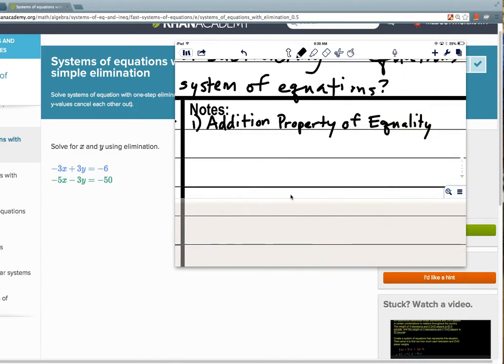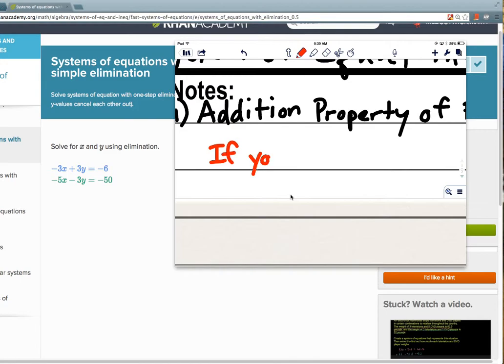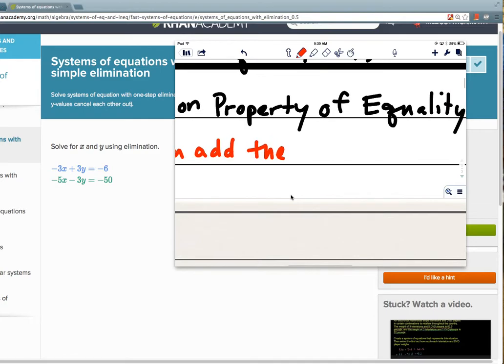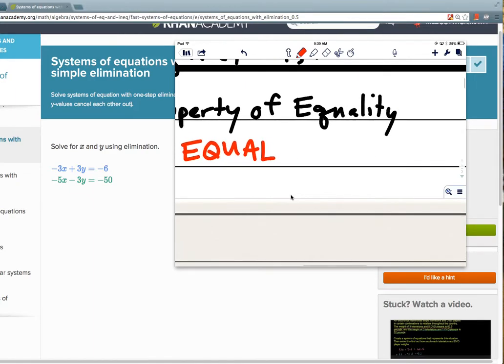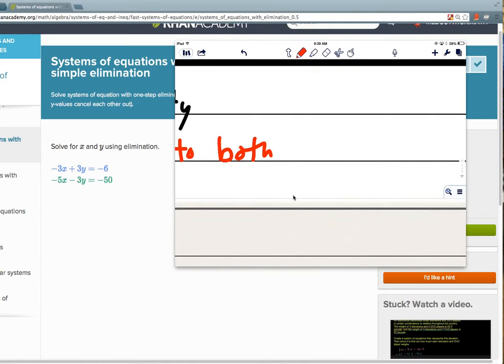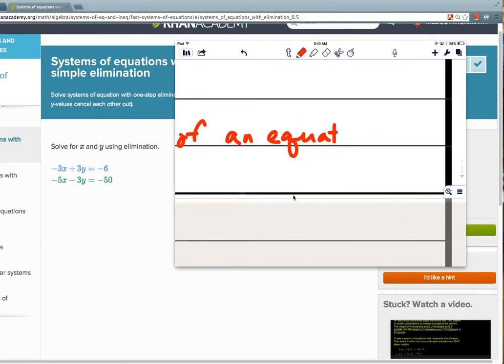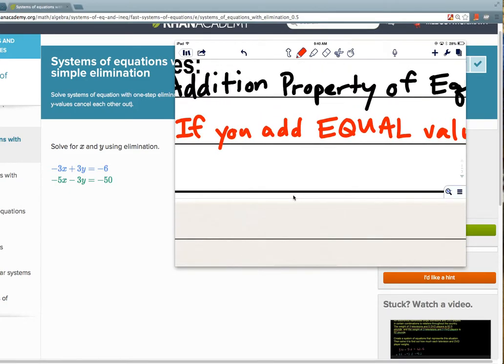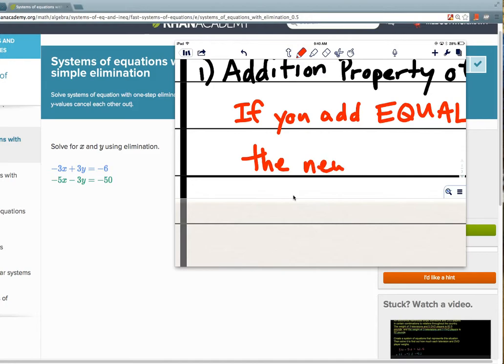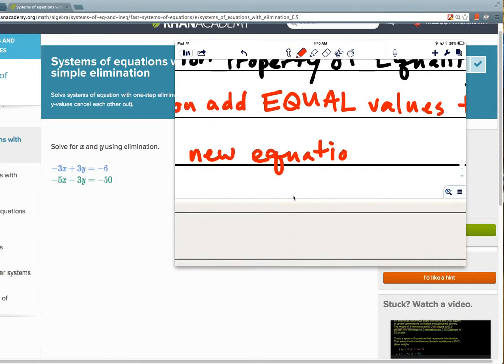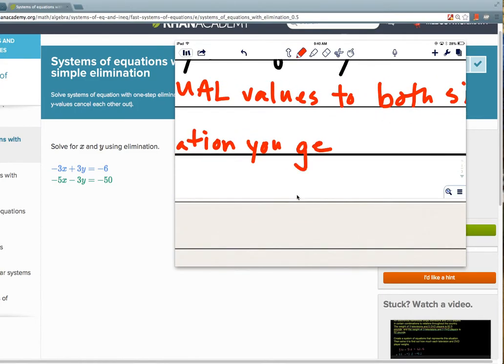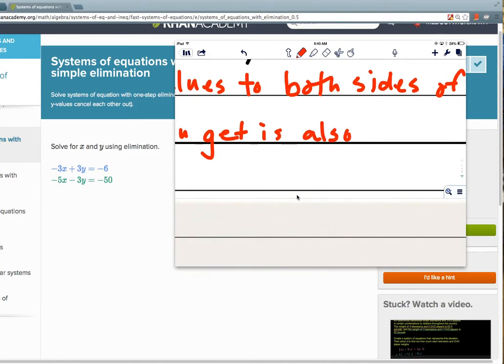So the addition property of equality says, and I'll write the definition maybe in another color, addition property of equality is that if you add equal values to both sides of an equation, the new equation you get is also a true equation.